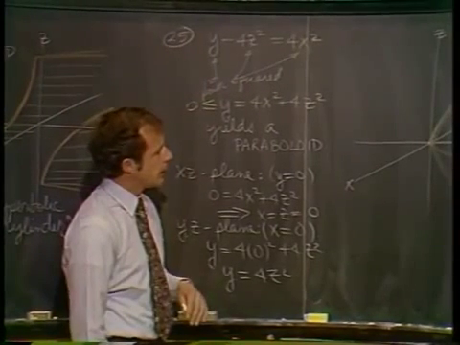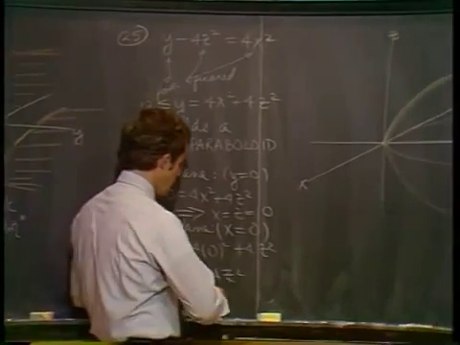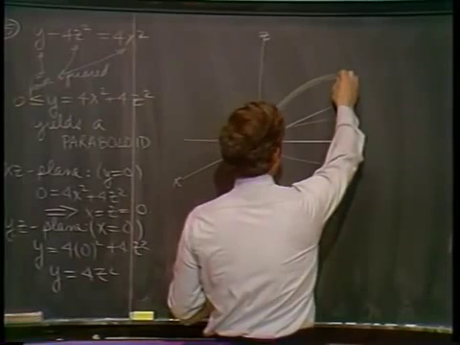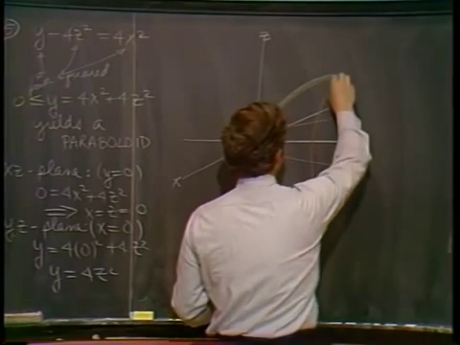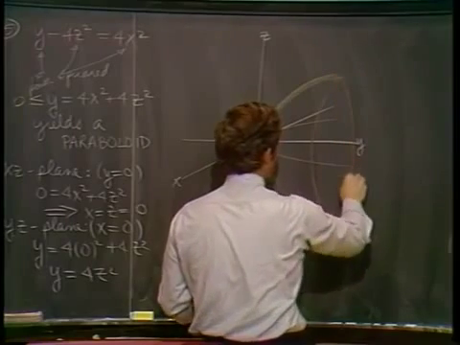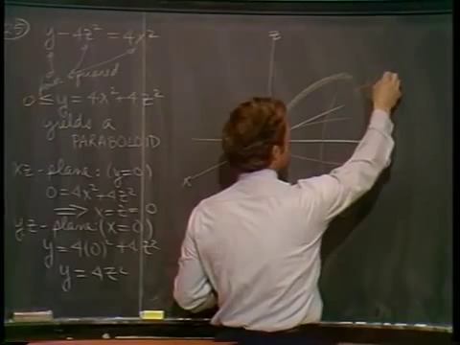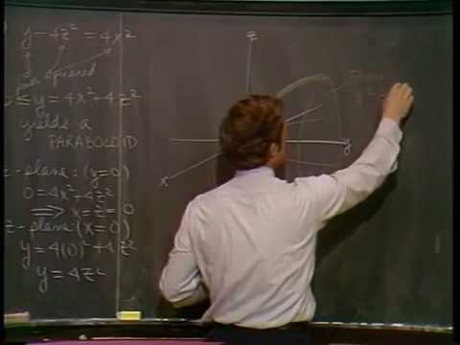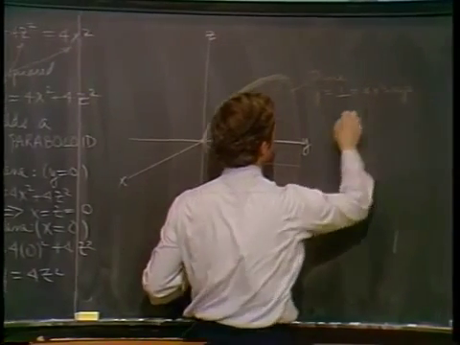Now, again, I would not press you to try to draw the entire surface. In fact, I tend to use things in the first octant, but nonetheless, as best you can, you might fill out the picture by actually taking another trace. For example, this might be the trace y equals 1, which gives 1 equals 4x squared plus 4z squared.